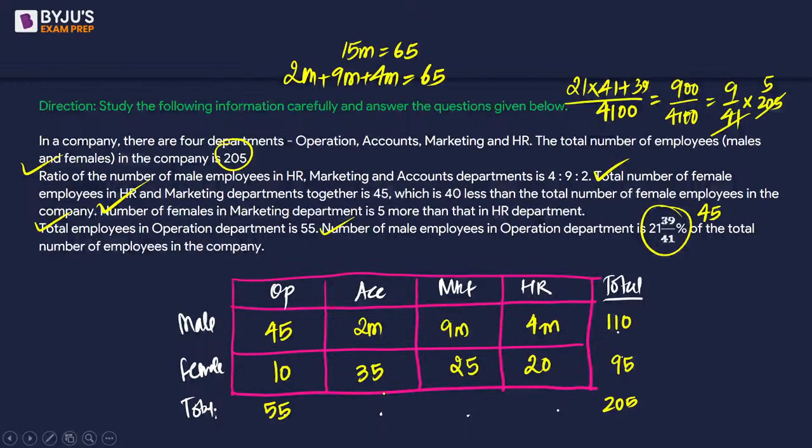Total number of female employees in HR and marketing departments together is 45. Now this 45 is 40 less than the total number of female employees in the company. So we need total number of female employees in the company as 95. So 205 minus 95 is 110. 110 minus 45 is 65. 15M cannot be equal to 65, right?